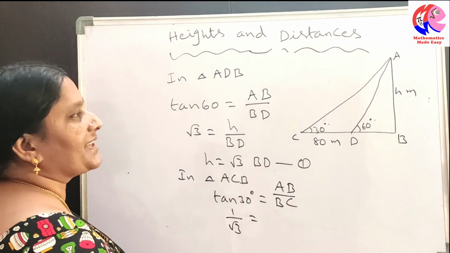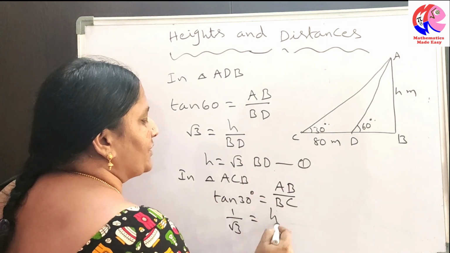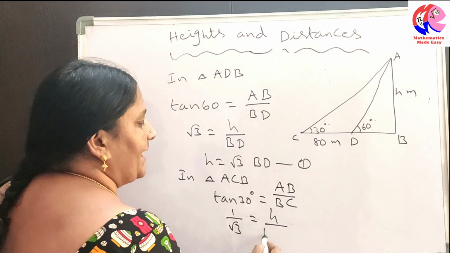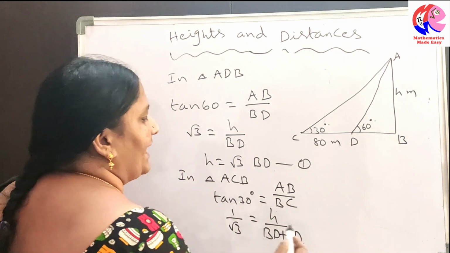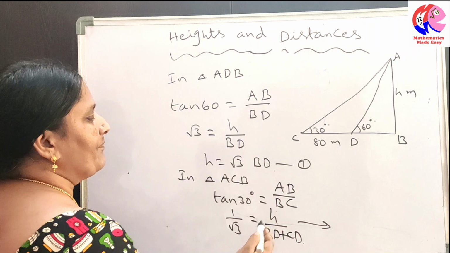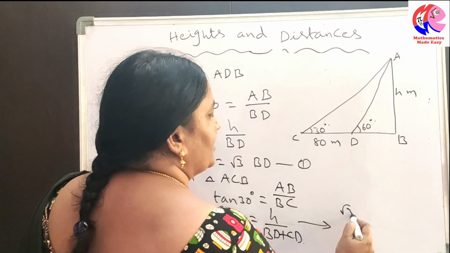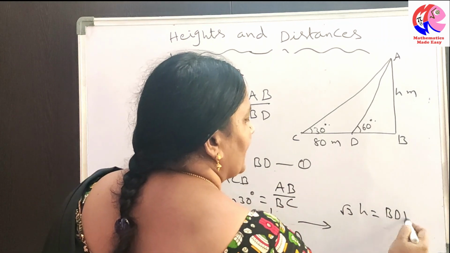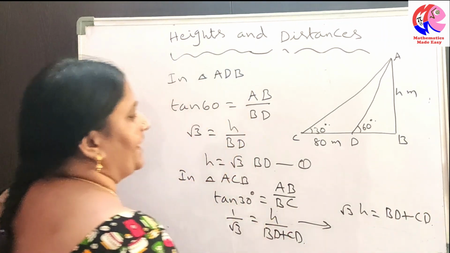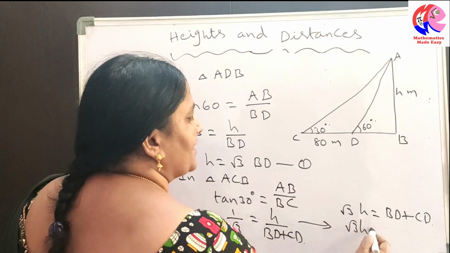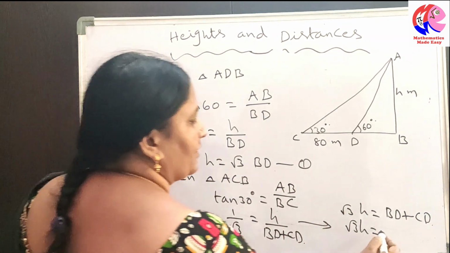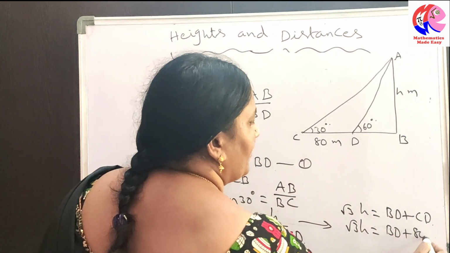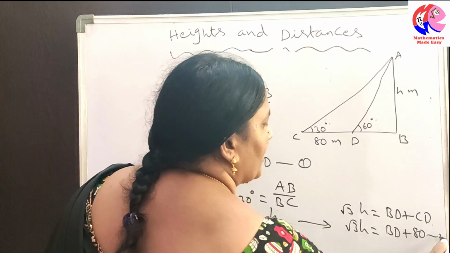So 1 by root 3 is equal to AB, which is h, by BC, which can be written as BD plus CD. Then from this we can do cross multiplication. Root 3 h is equal to BD plus CD. Then it becomes root 3 h is equal to BD, which we do not know, plus CD. CD measure is equal to 80 meter. Assume it as equation number 2.